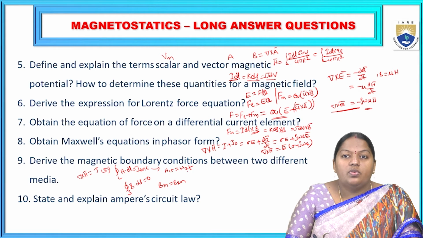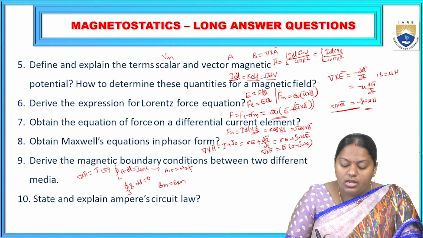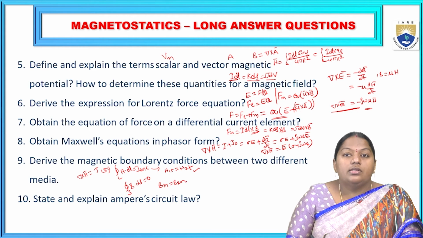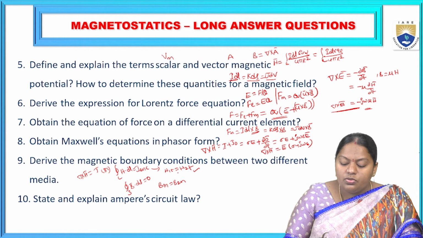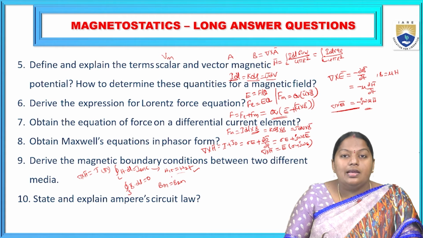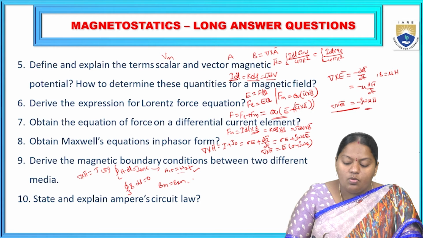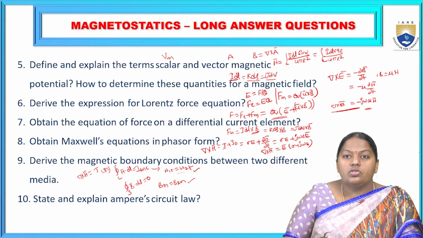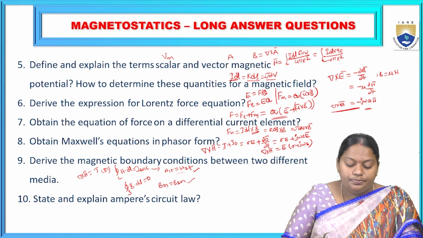According to that, the boundary conditions between two magnetic media are H1t equal to H2t and B1n equal to B2n. From these two, we can say that the tangential components of the magnetic field intensities are continuous across the boundary, and the normal components of the magnetic flux densities are continuous across the boundary.